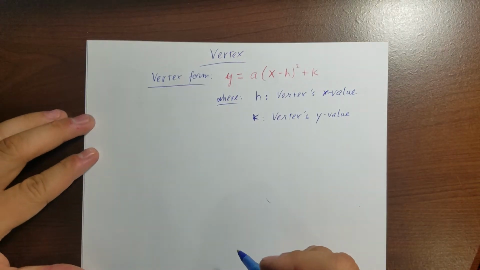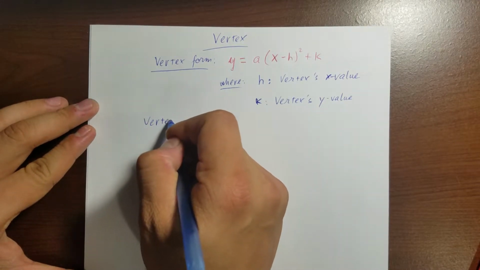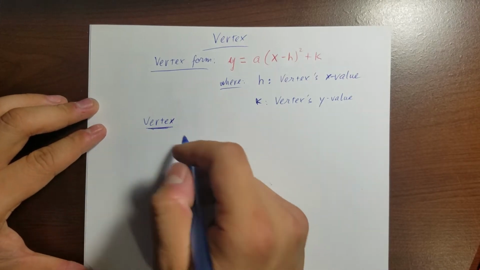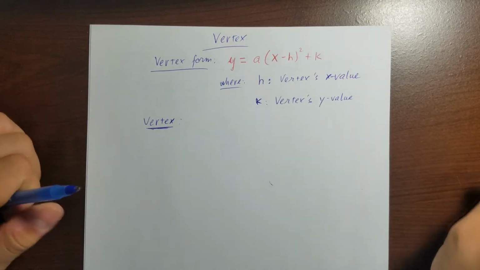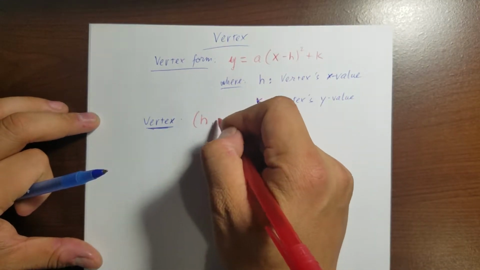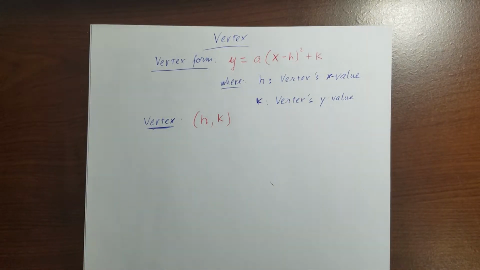Next will be your vertex, so your vertex will always look like this: (h, k), where h is your vertex x value and k is your vertex y value.